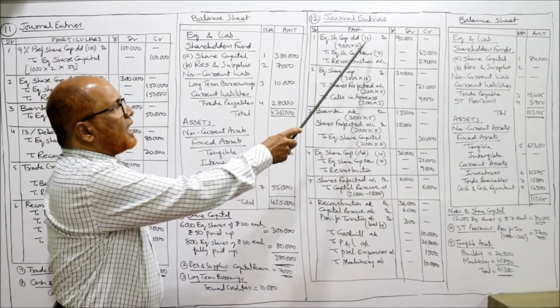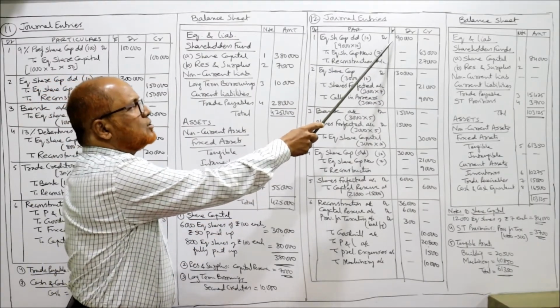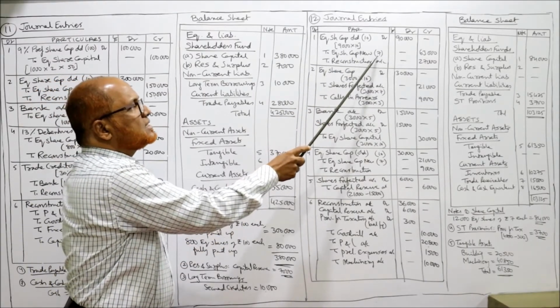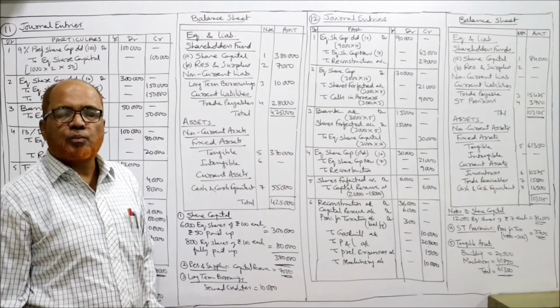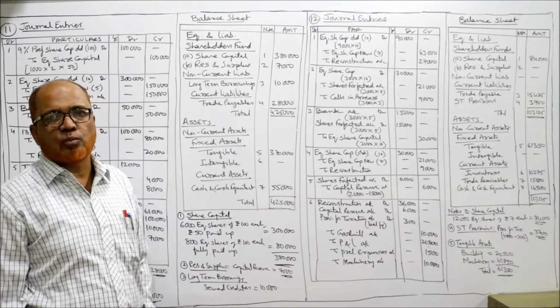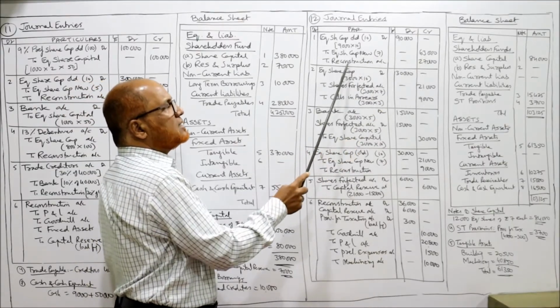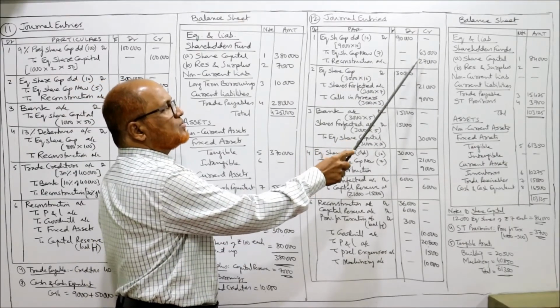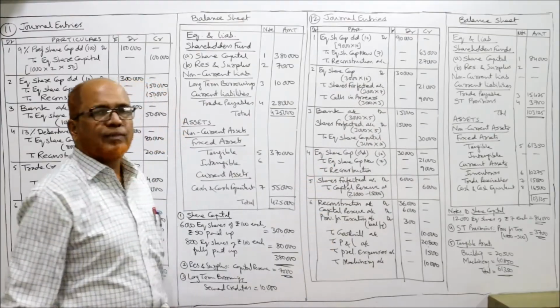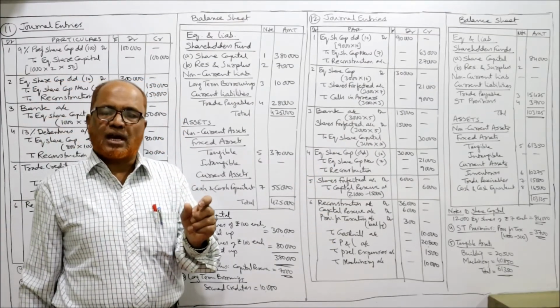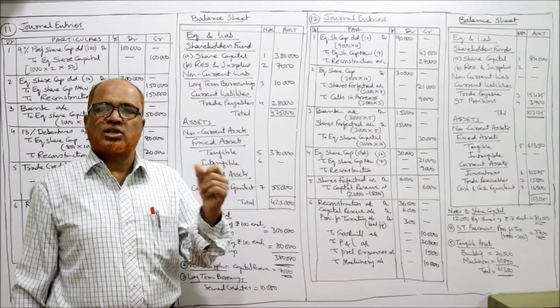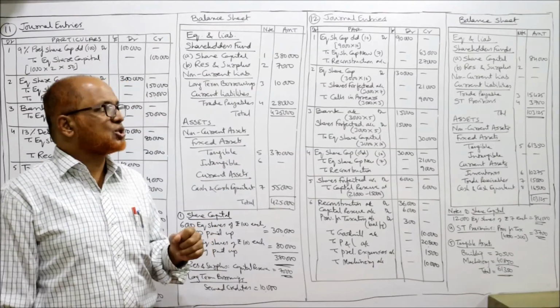So equity share capital 9,000 into 10, 90,000 to equity share capital 7 rupees. जो 10 रुपए का शेयर था अब नया शेयर 7 रुपए का बना देगा. तो 9,000 into 7, 63,000. Balance 27,000 will be transferred to reconstruction account. Being the old equity share capital cancelled and new equity shares issued as per reconstruction scheme.